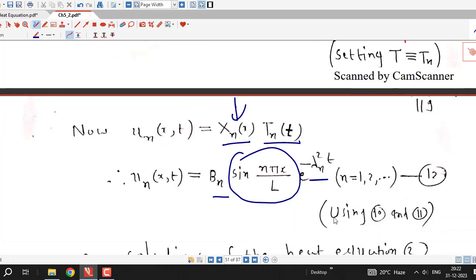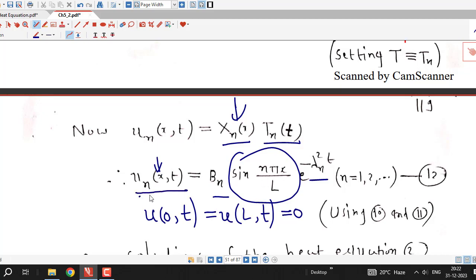So these solutions satisfy the boundary conditions u(0,t) equal to u(L,t) equal to 0. You can check by taking small x equal to 0 and small x equal to L, and you can verify that these solutions satisfy the boundary conditions.